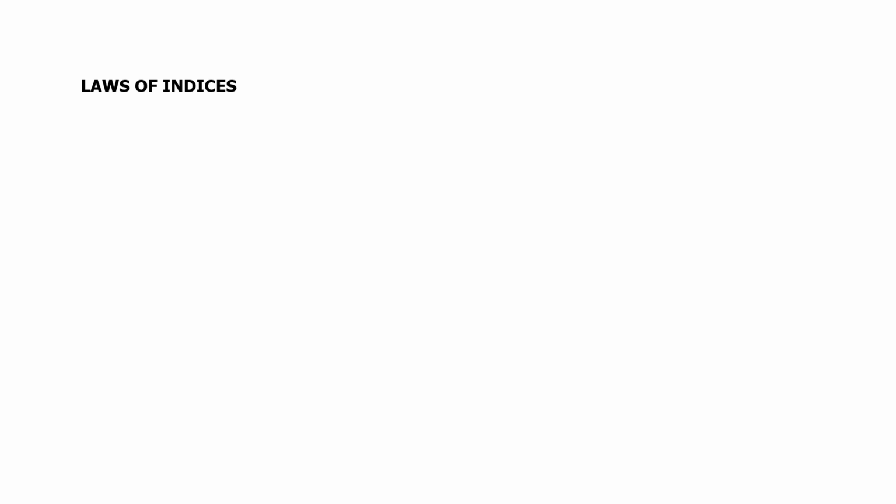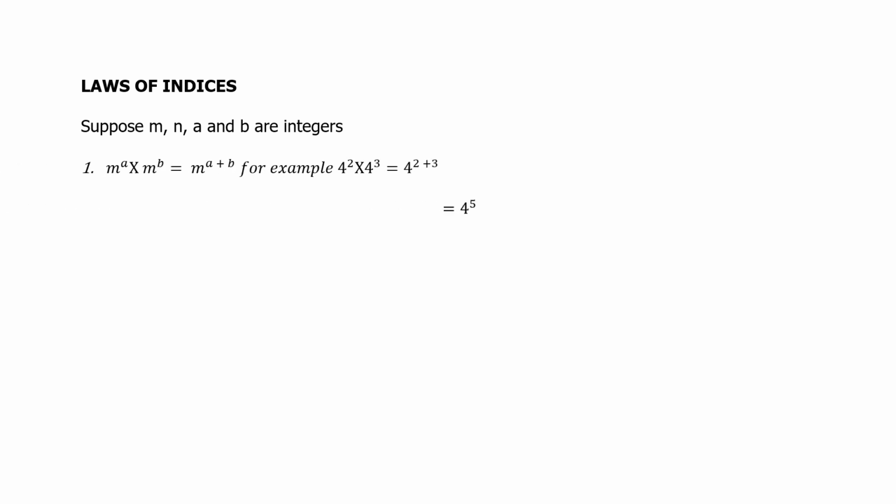When we go to the laws of indices, suppose that m, n, a, and b are integers. Remember, the integers are either positive or negative whole numbers. The first law is multiplying numbers of the same base, that is m and m.